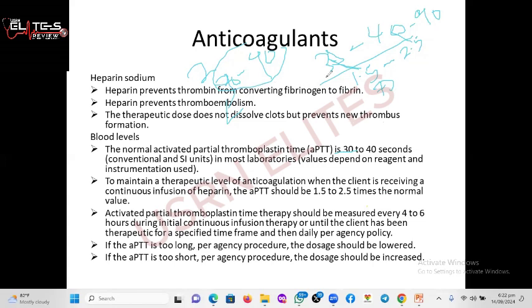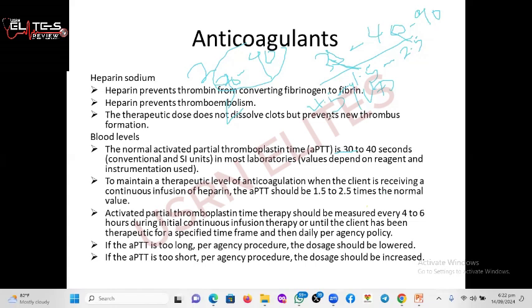So it means that if someone is on heparin, we want to see the APTT between 45 to 90. If you multiply 40 by 2.5, you are getting 90. And so between 45 to 90, that is the normal therapeutic range for APTT in someone on heparin.